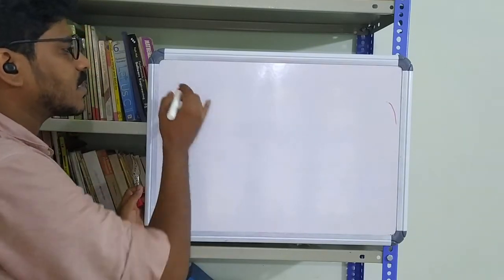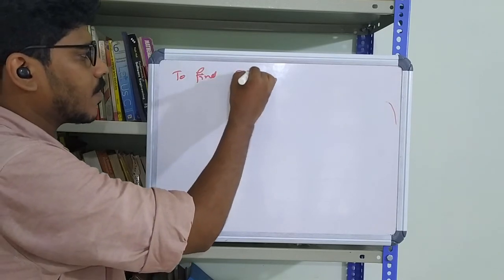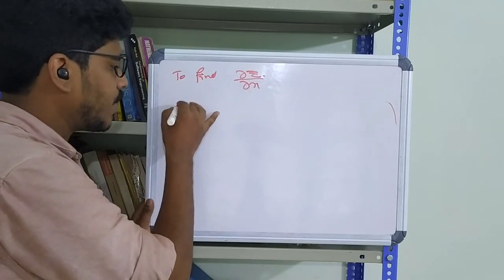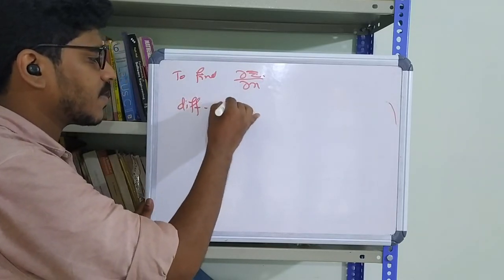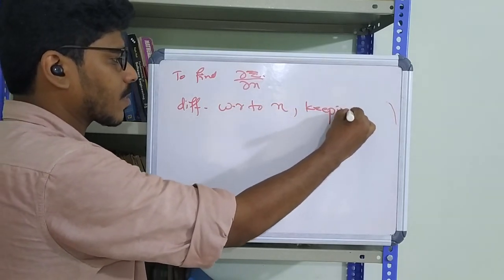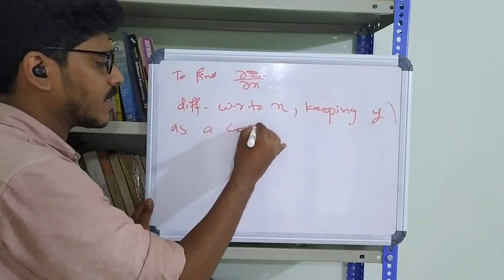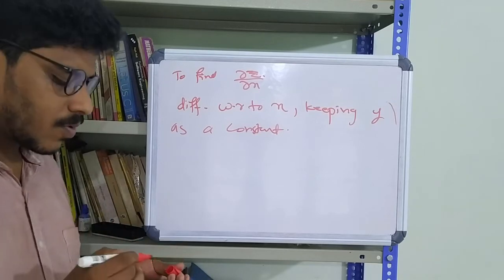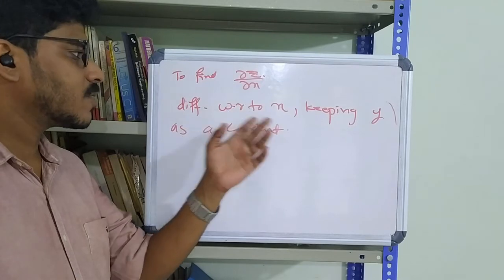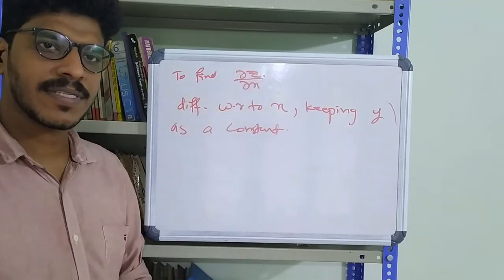To find, and this is very important, ∂z/∂x, or partial derivative with respect to x, simply differentiate with respect to x, keeping y as a constant. So treat y as a constant and differentiate the expression with respect to x. That will give the partial derivative ∂z/∂x.